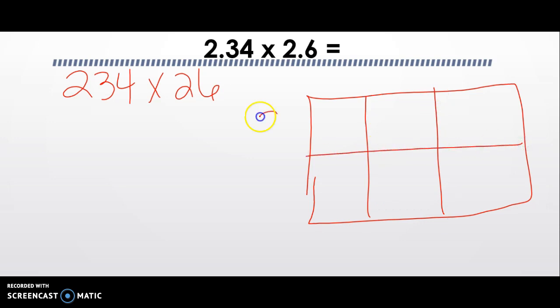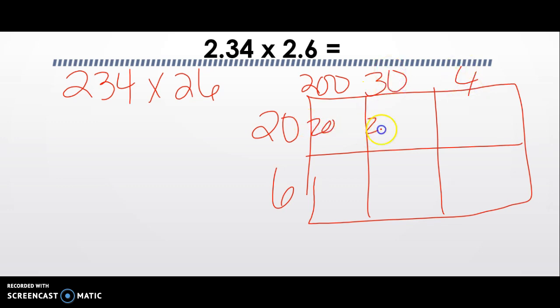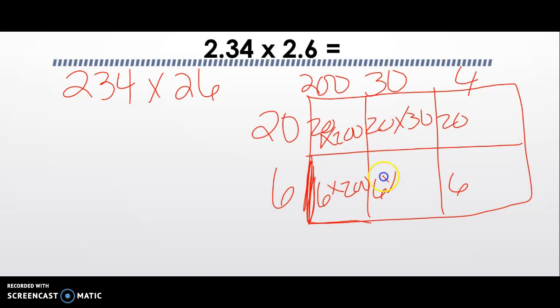And 2, 20 and 6, 234. So 20 all the way across the top row, 6 going across the bottom, times 200 straight down. Times 30 all the way down, times 4 all the way down.